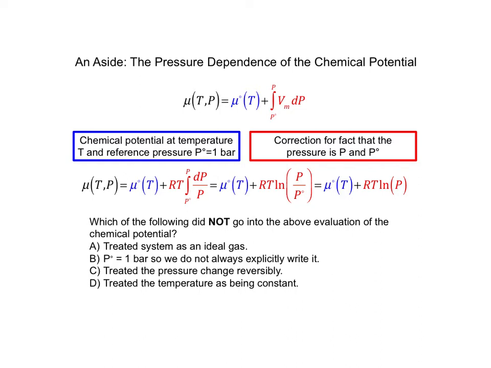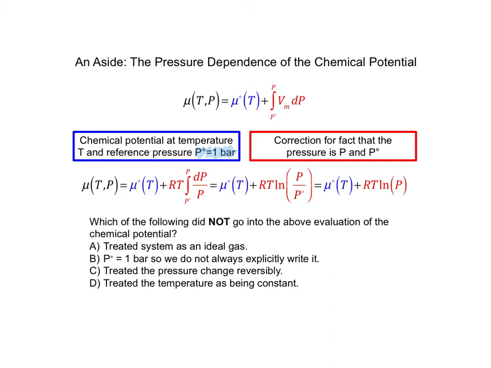And so the reference pressure for the chemical potential is 1 bar. So if we are working at anything other than 1 bar, we have to provide a correction term for this chemical potential.